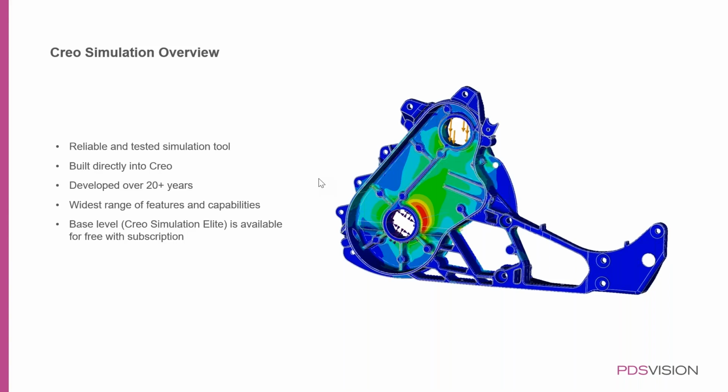And lastly, the point I mentioned at the start, the base level of the software, Creo Simulation Elite, is available for free with a subscription to Creo. So as long as you're on Design Essentials, the tier 1 subscription license, you have access to this. Now, the exception to that is if you are on a locked license for a previous version of Creo. So instead of paying a yearly subscription to PTC, if you still have, for example, Creo 3 licenses that are perpetually stuck on Creo 3, that is the case for some people that aren't on subscription.